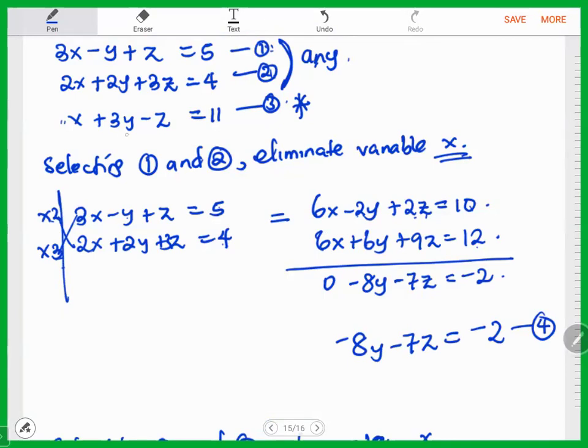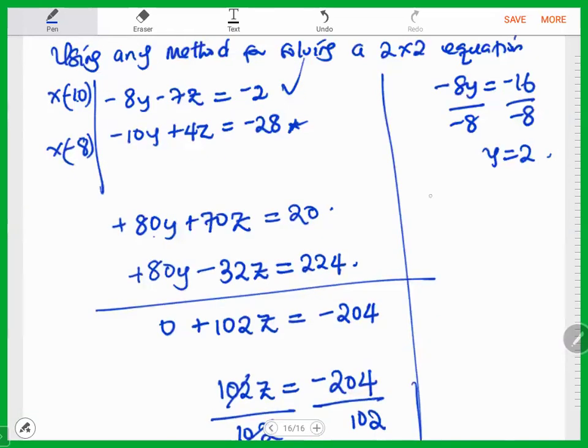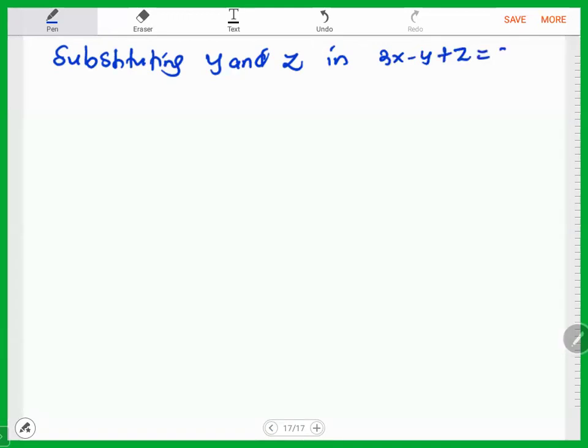So if we choose 3x minus y plus z is equal to 5, substituting y and z in 3x minus y plus z equals 5. You can choose any of the first three to substitute in this.